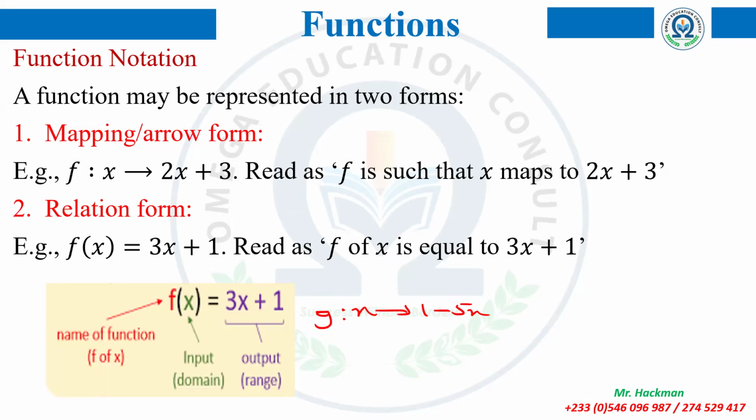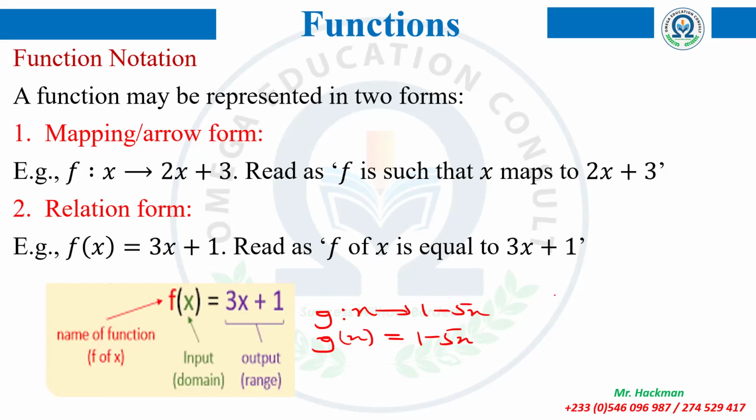The mapping form. Very good. So this is how you get the relation form. The relation form will be j of x, and this now changes to equal to 1 minus 5x, which will be j of x is equal to that. So when this is given in a question, you extract it in this form.